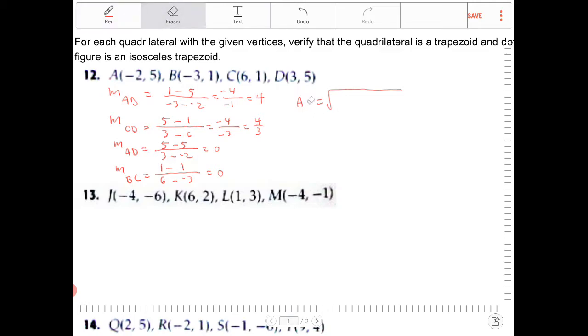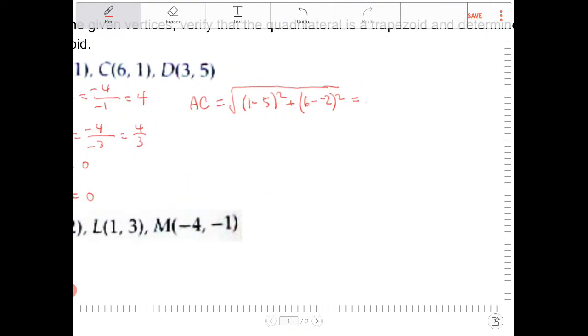If I'm finding the diagonals, it would be AC, so that would be 1 minus 5 squared, 6 minus negative 2 squared, and this would translate to square root of 4 squared plus 8 squared, so that's 16 plus 64. That would be 80, square root of 80.